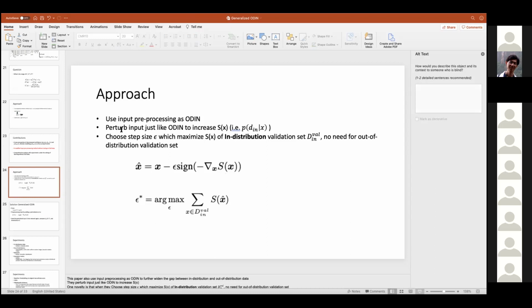So we perturb the input to increase s(x), which is to increase the probability that this input is from the in-distribution set. And the step size epsilon is chosen to maximize s(x) on the in-distribution validation set. So there's no need for an out-of-distribution validation set.